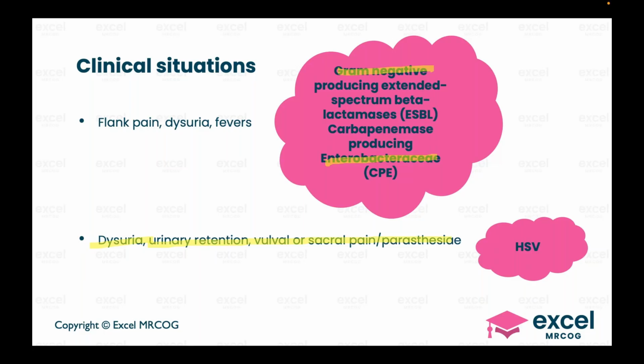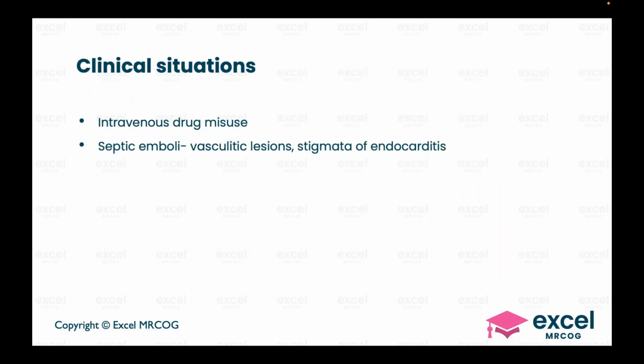and that is why we have a new HSV guideline as well. Okay, now IV drug abusers, septic emboli, vasculitic lesions, stigmata of endocarditis. Which organism? Staph epidermidis. Yes, excellent.